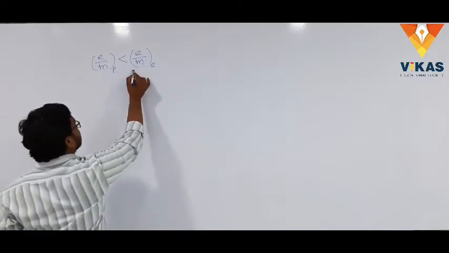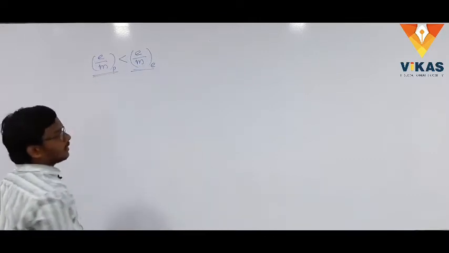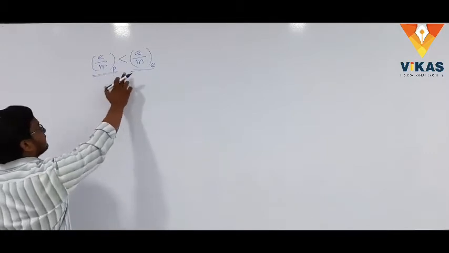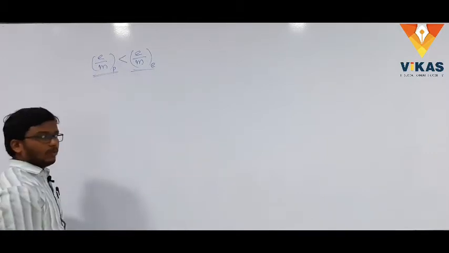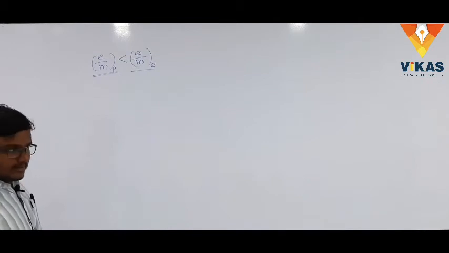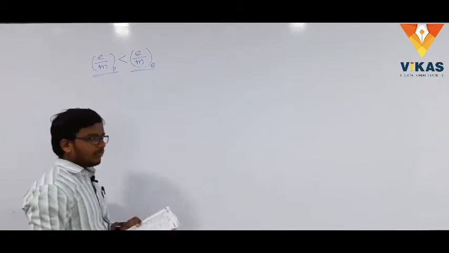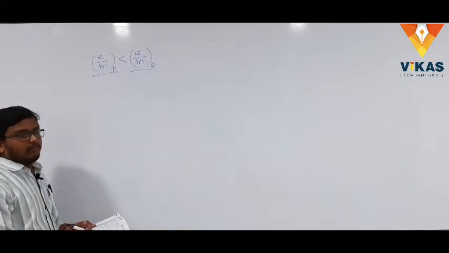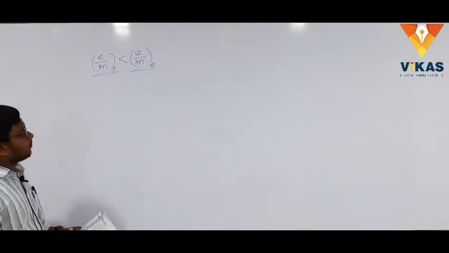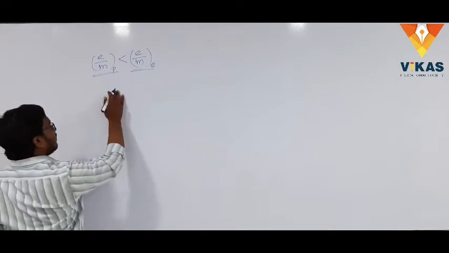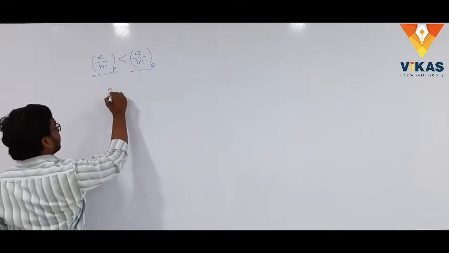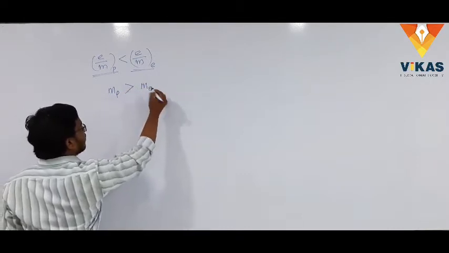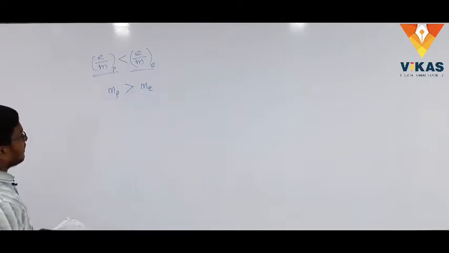Why? Basically they are asking why the charge to mass ratio of a proton is less than the charge to mass ratio of an electron. We have seen this when we saw the experiments while finding out the proton, that the mass of a proton is much greater than the mass of an electron, right? What is the mass of a proton?